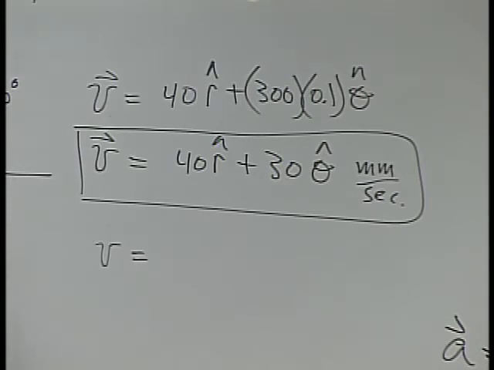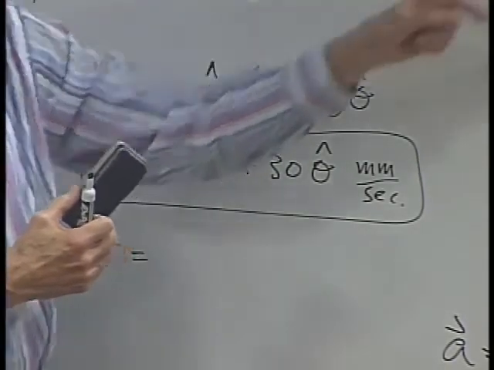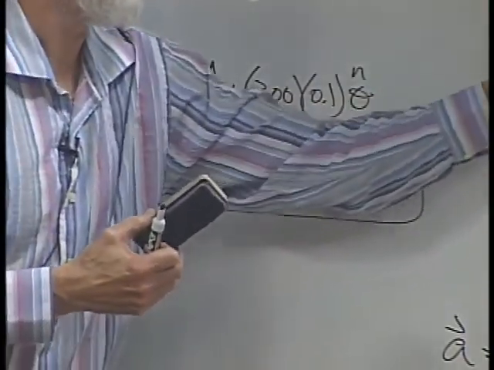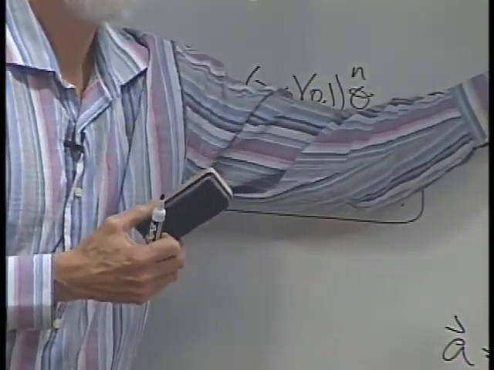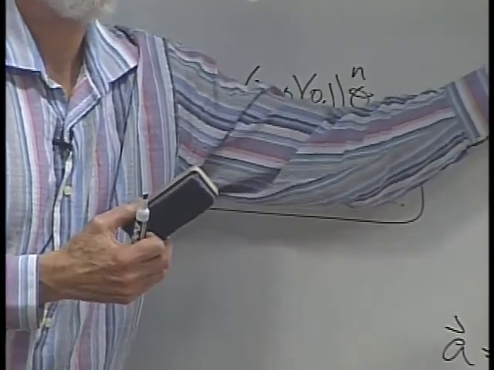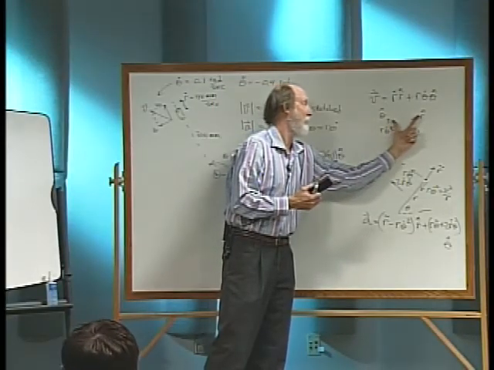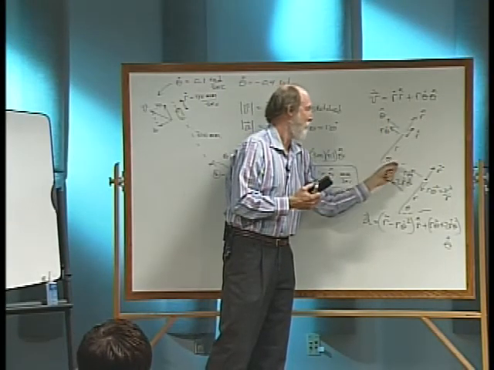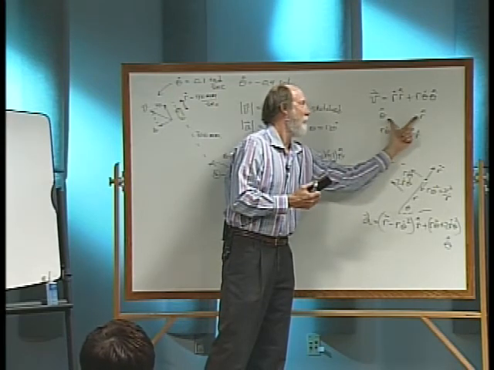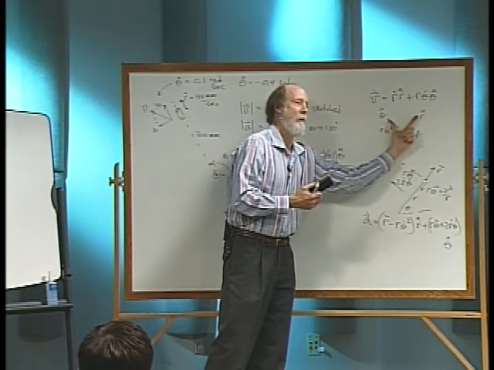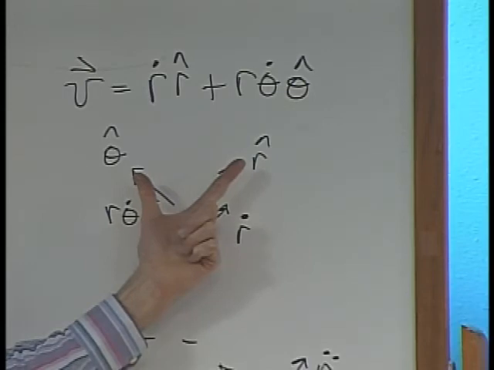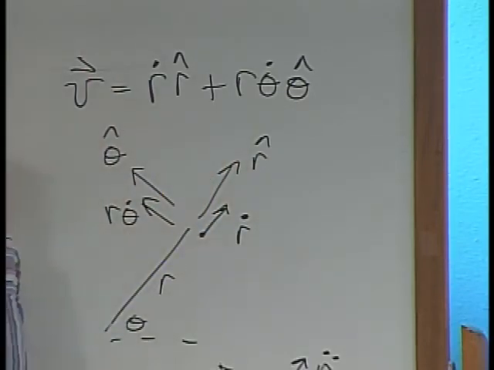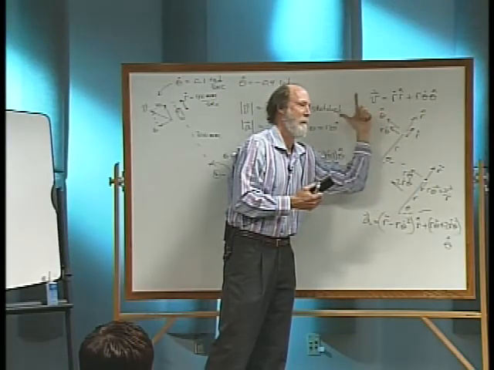It's physically the distance from a defined pole, and this unit vector, called r hat, always points outward from that pole, and it goes with the particle. Perpendicular to it, in the sense of increasing theta, is always the unit vector theta hat. And those go with the particle as it's in motion.